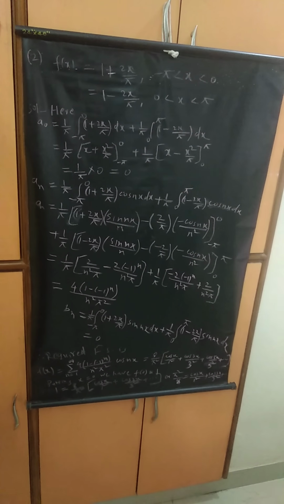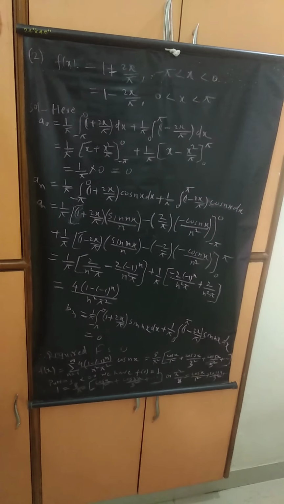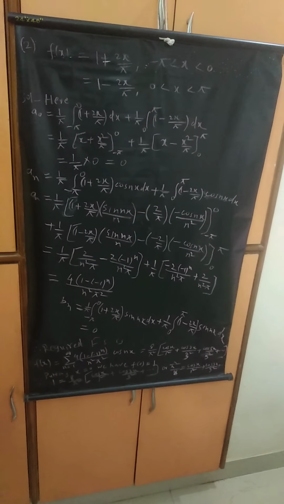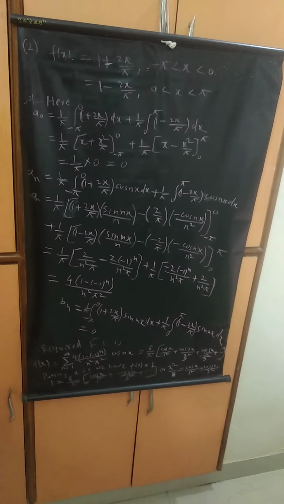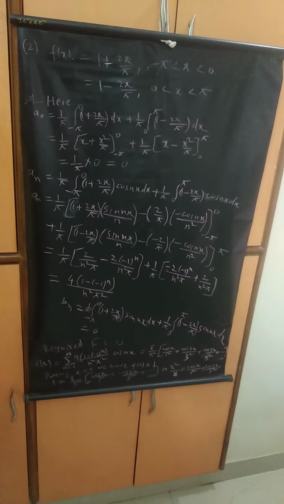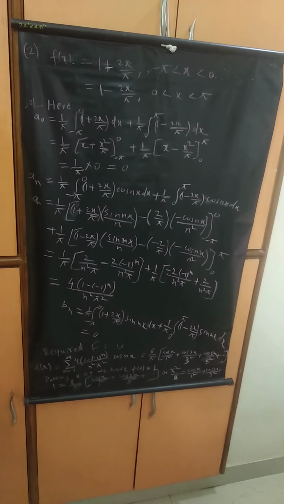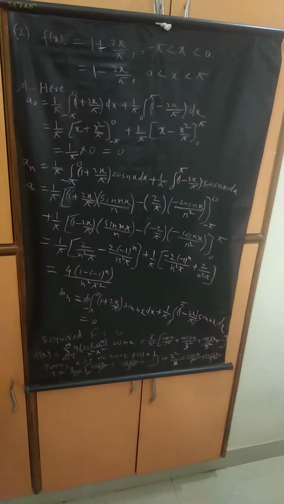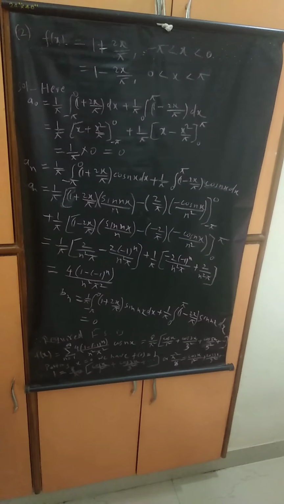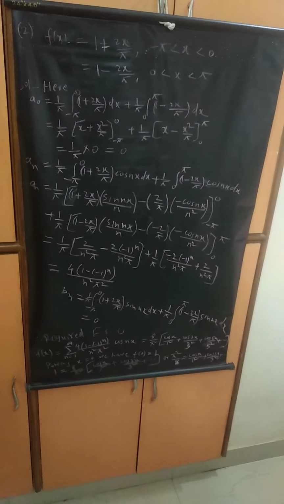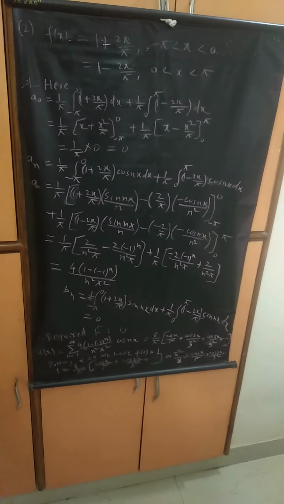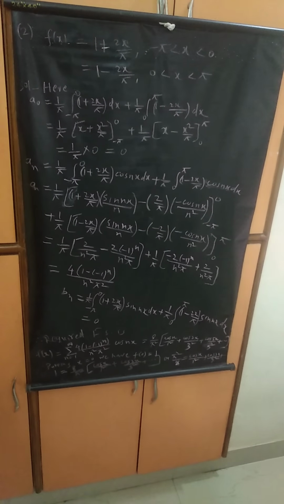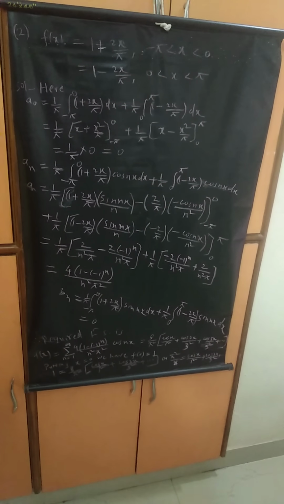That is, let the required Fourier series expansion of the given function f(x) be f(x) equal to a naught by 2 plus summation an cos nx, where n takes values from 1 to infinity, plus summation bn sin nx, where n takes values from 1 to infinity, where a naught, an and bn we have to find out as they are Fourier constants.